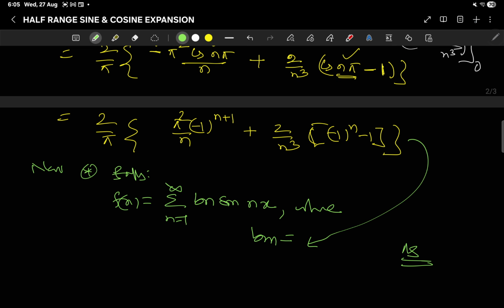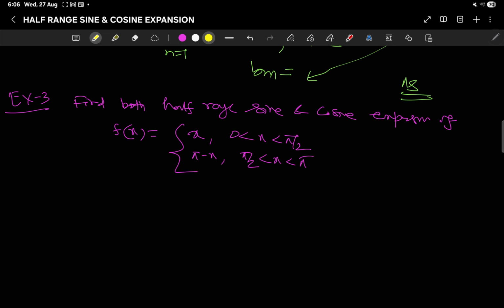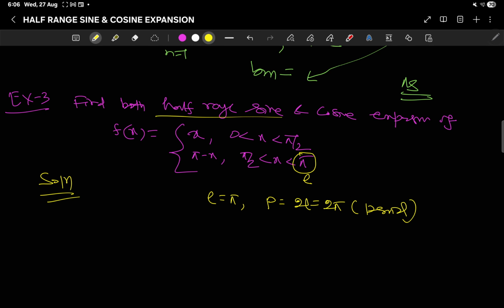Coming to one more example. So coming to your example 3, so here this pi is your L. Okay, so your L is equal to pi here, but what is the period? Period is equal to 2L is equal to 2 pi, right? So we need to find both half range sine and cosine expansion, right?